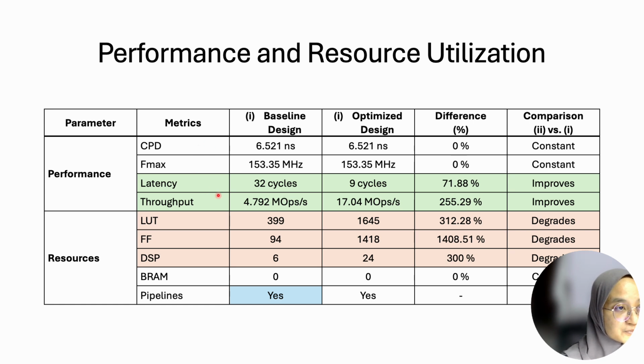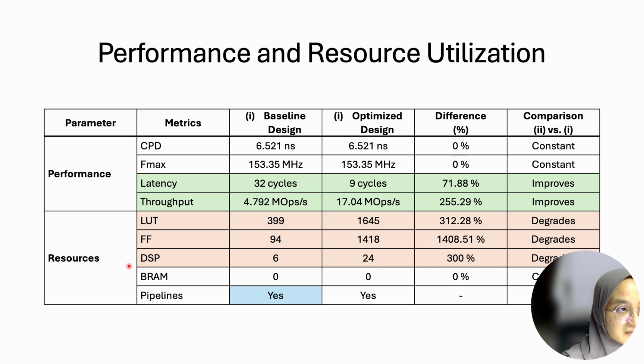For latency and throughput, you can see a very huge difference, where the optimized design only required 9 clock cycles to finish all of the operations, with a 71% improvement compared to the baseline design. In terms of throughput, the optimized design can perform 17.04 million operations per second, which is around 200% difference compared to the baseline design.